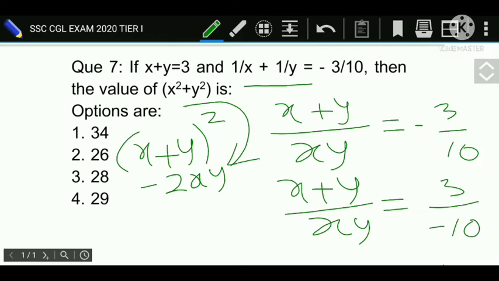So we can put the value of x plus y, which is 3, and square of 3.